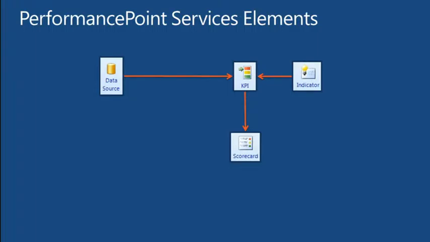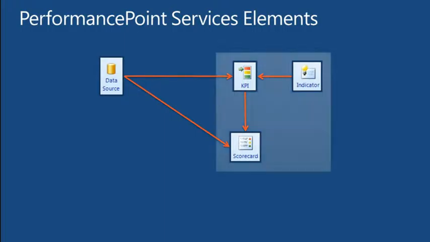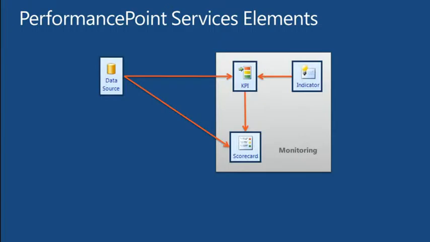This is a specialty topic. I don't have time to go in detail on it today, but this product is very versatile in allowing you to define different types of scorecards. And these scorecards can also use the data source to help slice and dice information, like an interactive report. So these four elements deliver the monitoring capabilities to answer, how are we going?